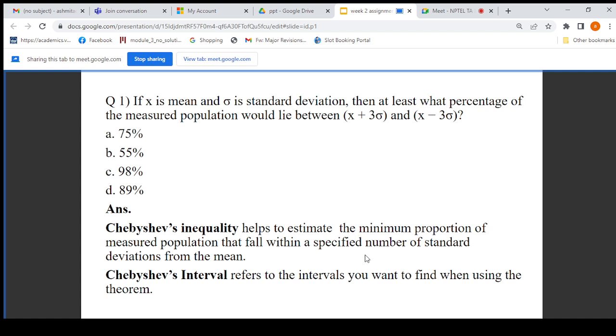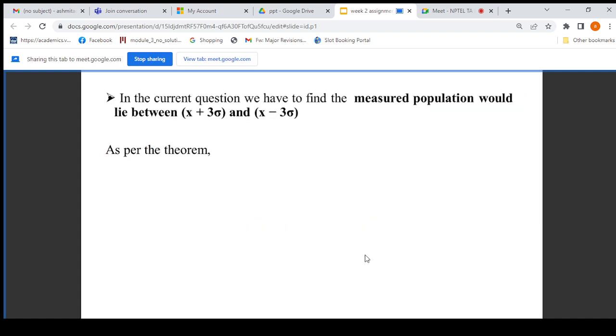In the current question, we want to find the interval up to 3 sigma. So here the Chebyshev interval is plus 3 to minus 3, so the k value according to the theorem is 3.